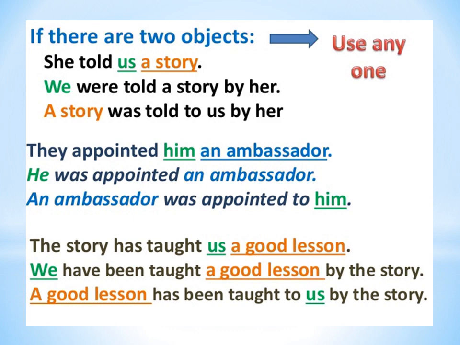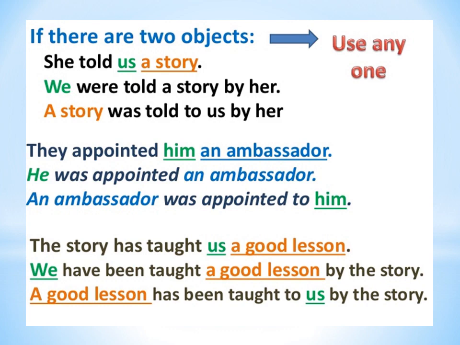So we have two objects. I can use the first one at the beginning of the sentence, and I can also use the second one at the beginning of the sentence, just like the following example: We were told a story by her, or a story was told to us by her.